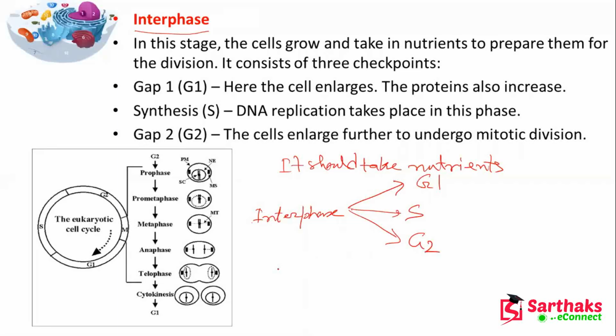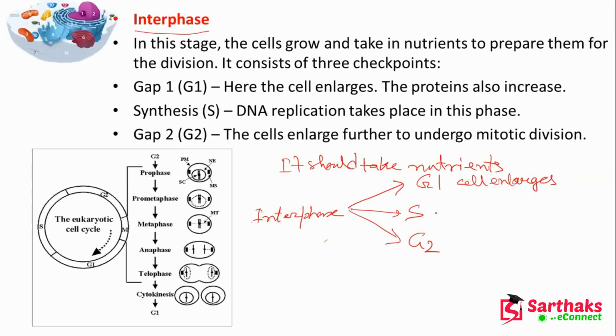So first, what we have studied in the interphase: we have 3 checkpoints. First one is gap 1 or G1. Here the cell enlarges and the protein also increases.